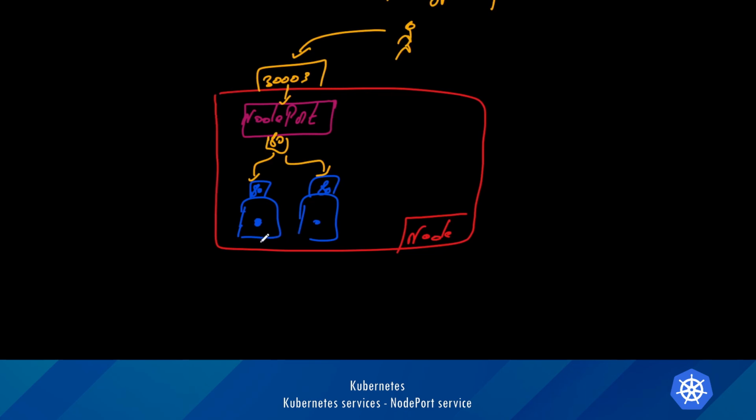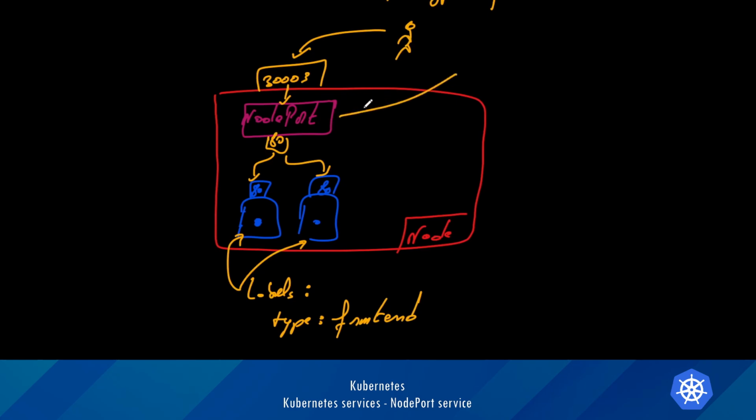For example, here for the pods, we should have the labels type frontend. So we have these labels on the 2 pods, and on the NodePort service, we should have in the selector section the labels that we mentioned here.